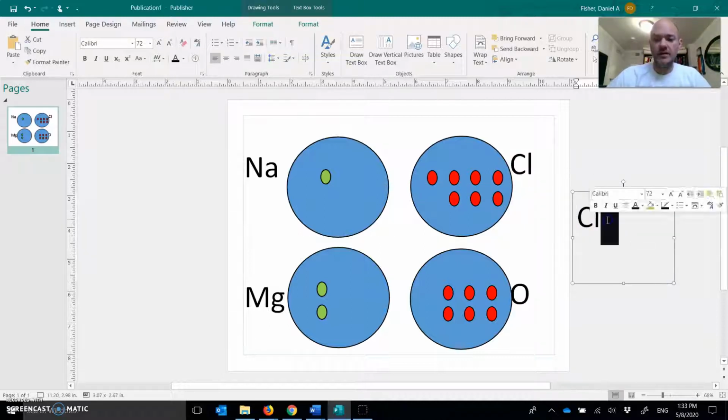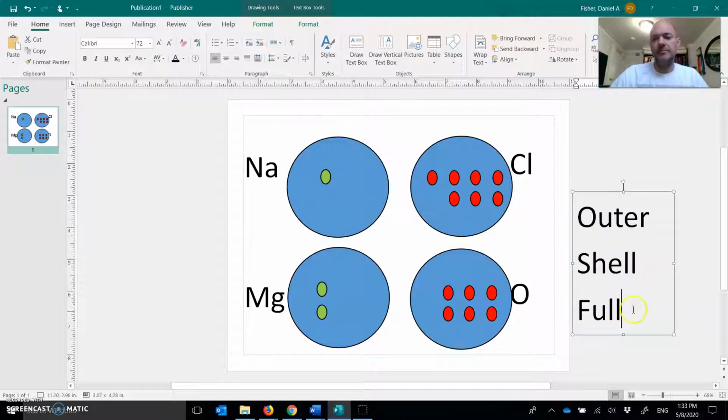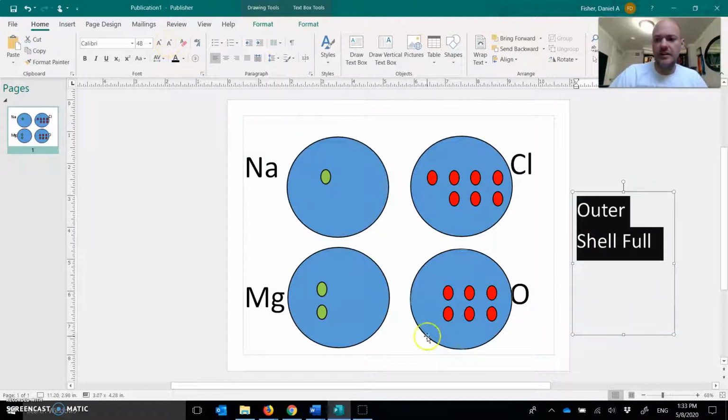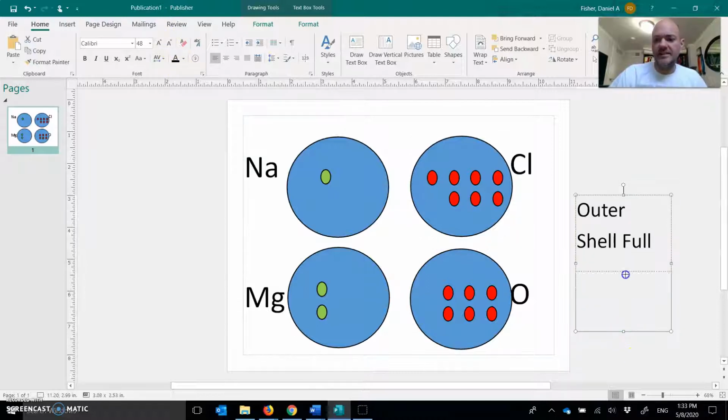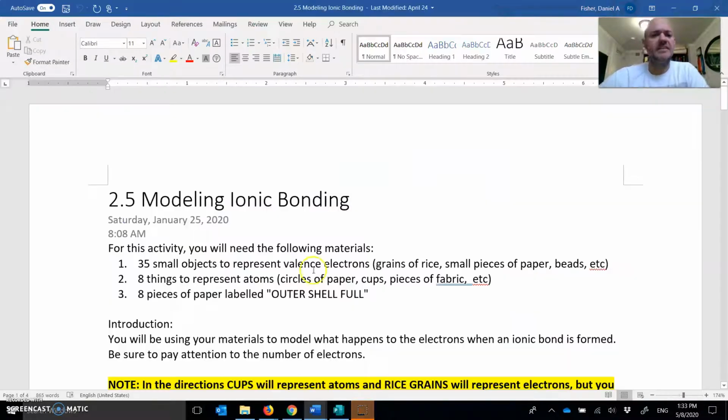I'll do that real quick. Outer shell full. All right, there we go. I'll make that a little bit smaller, and we'll call it good. I'll have more of those if I need them. Anyway, so back to that.